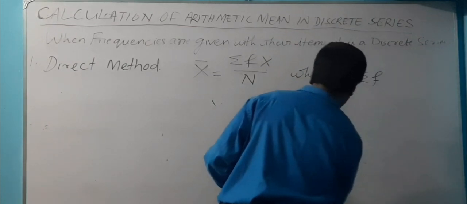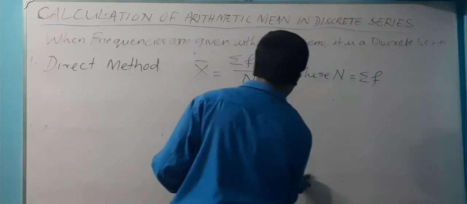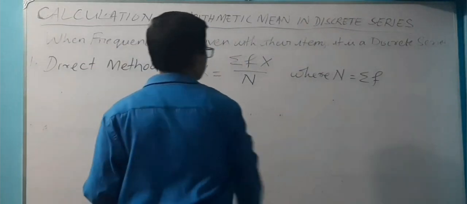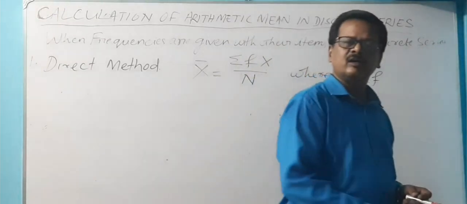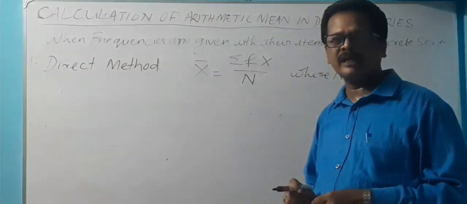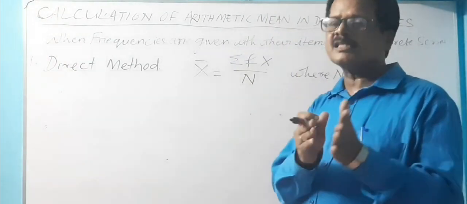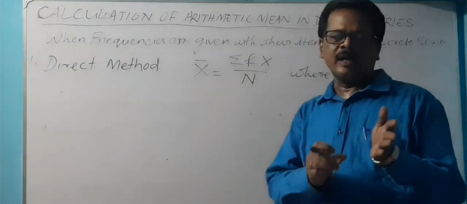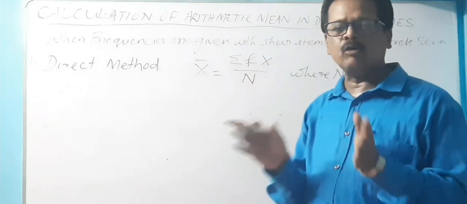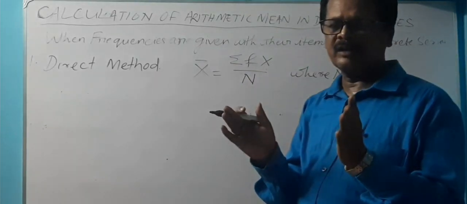To calculate arithmetic mean through direct method, we have to put the formula x bar is equal to summation fx by n. In discrete series, I have already told you, x values and f values are given. Both x and f values are given.